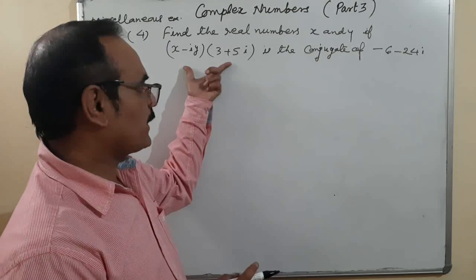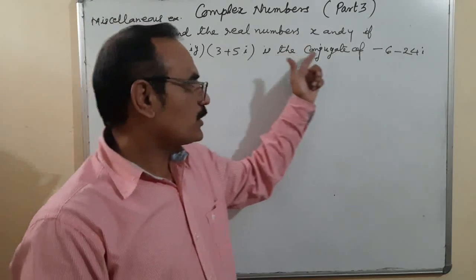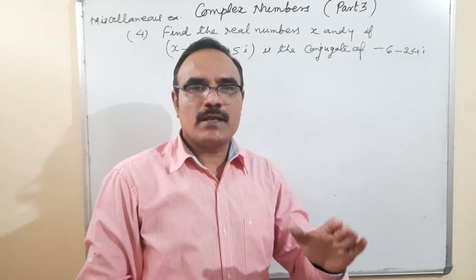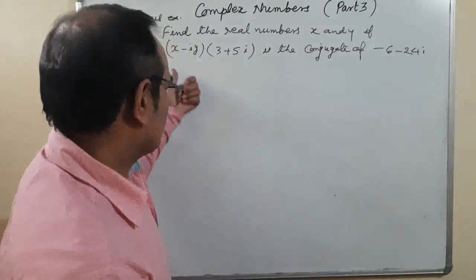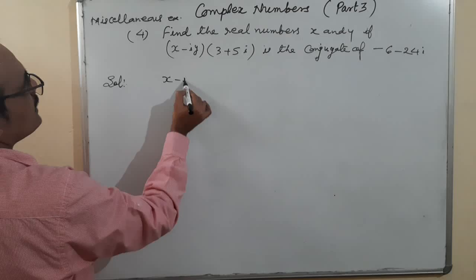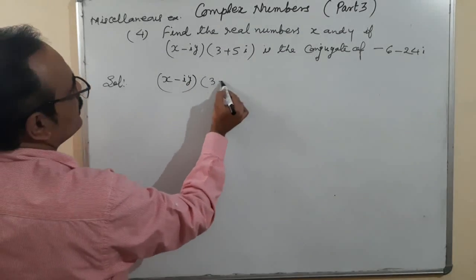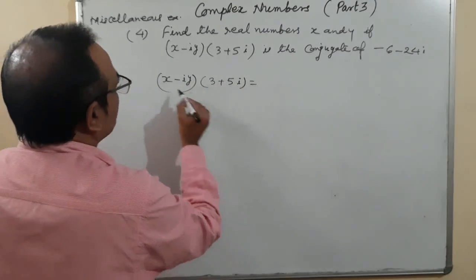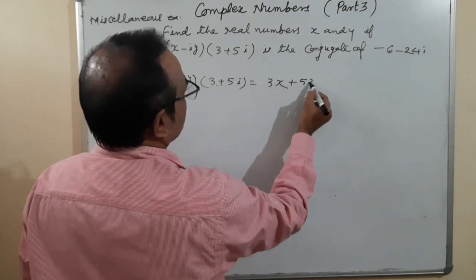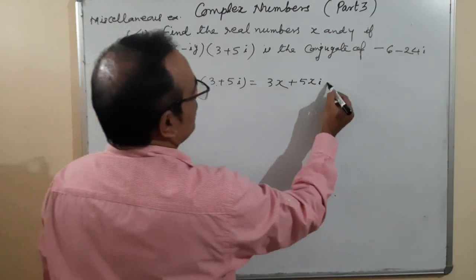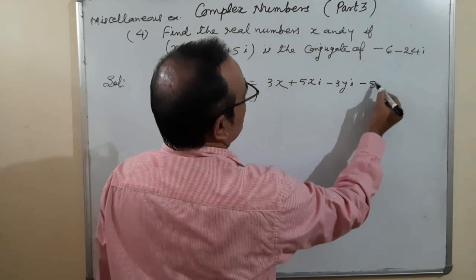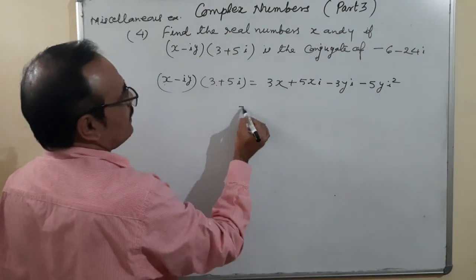The product of these two terms is equal to the conjugate of this term. Conjugate means the sign of the imaginary part is opposite. So first we will multiply: (x minus iy)(3 plus 5i) equals 3x plus 5xi minus 3yi minus 5y i square.